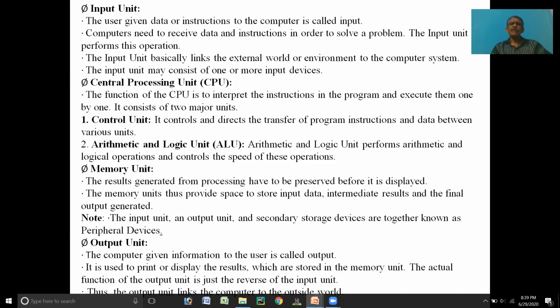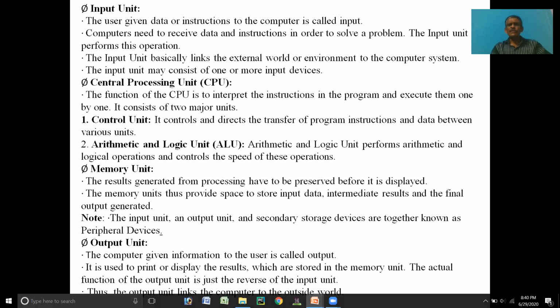Then the second unit is called the arithmetic logic unit, in short ALU. This unit is considered the brain of the computer because the ALU performs any type of calculation or manipulation.